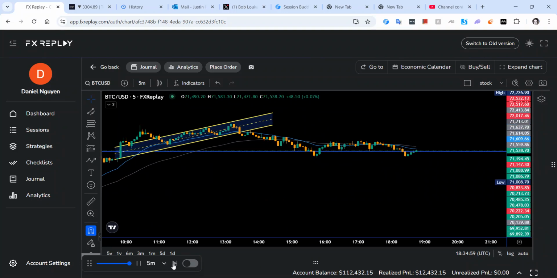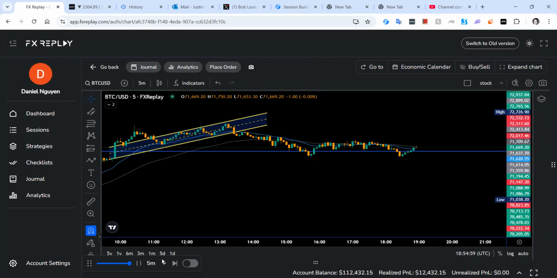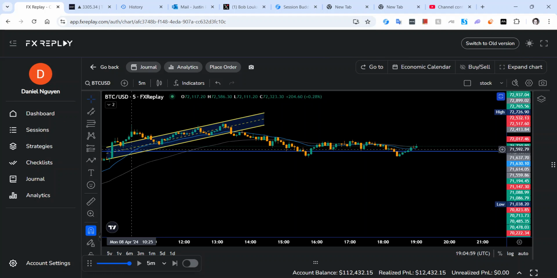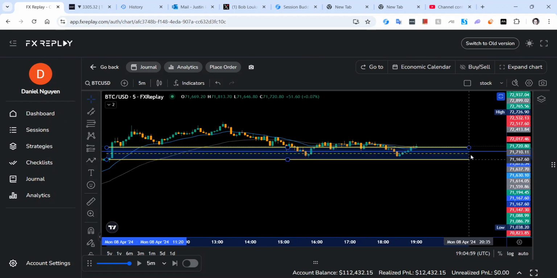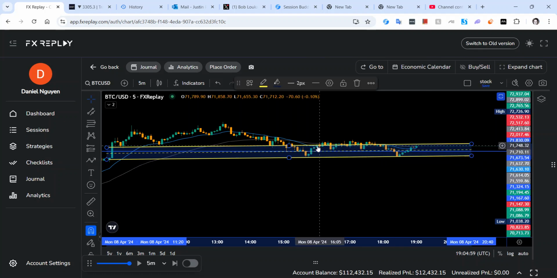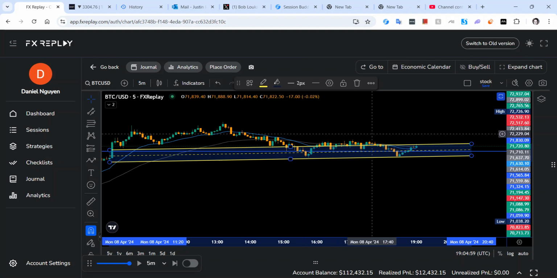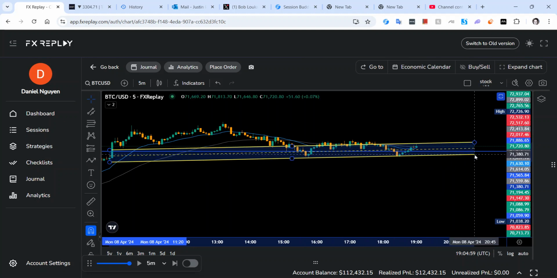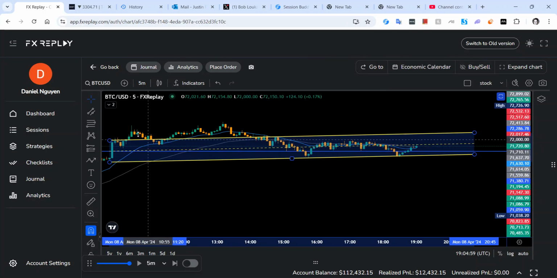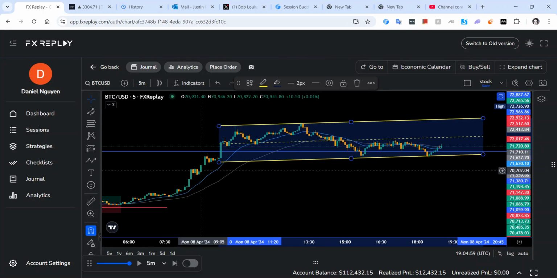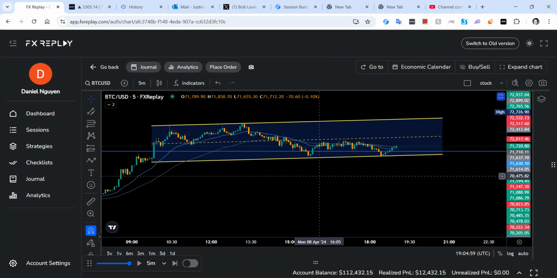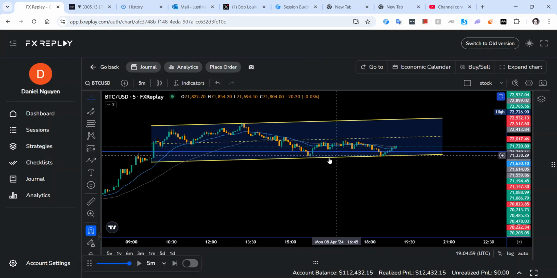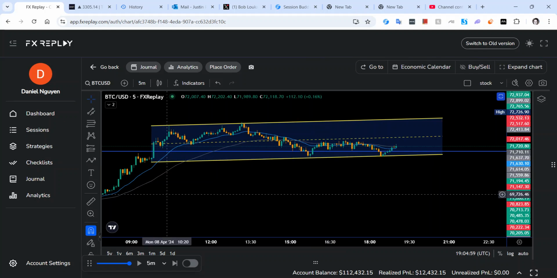Equal low. So if I just pause this for a second. Interesting. So basically, liquidity below here, liquidity below here, and to an extent, liquidity below here.